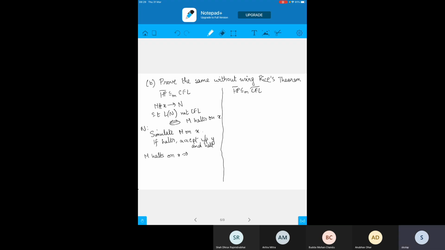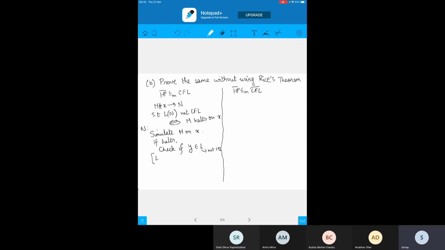So M halts on X implies that L of N... If it halts, then for brevity I'll just say check if Y belongs to some L which is not CFL.